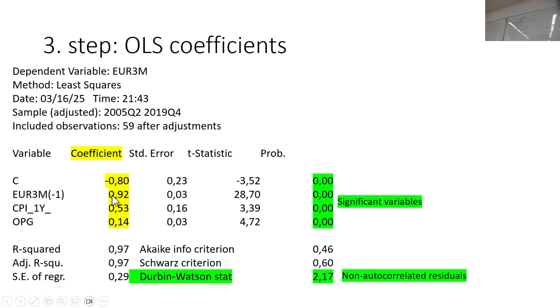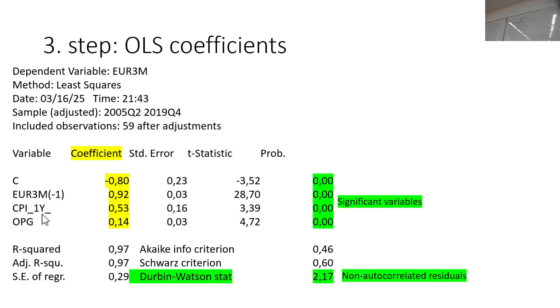So what is the impact of the past level of the interest rate on the current interest rate? We can see that is 0.9, so it's good according to literature. And after that, this is the inflation expectation 1 year ahead.